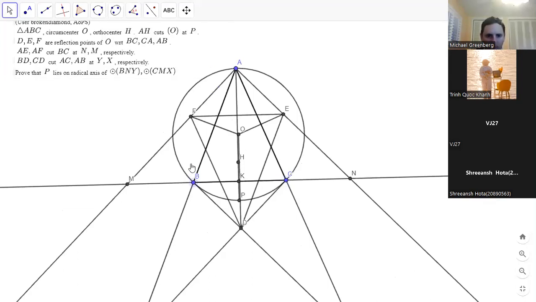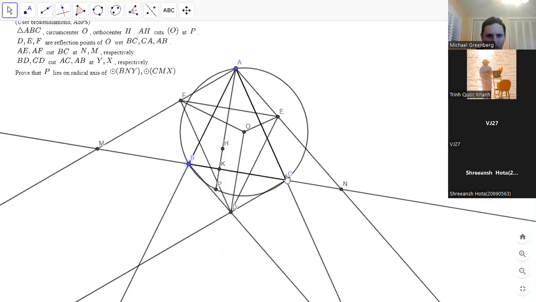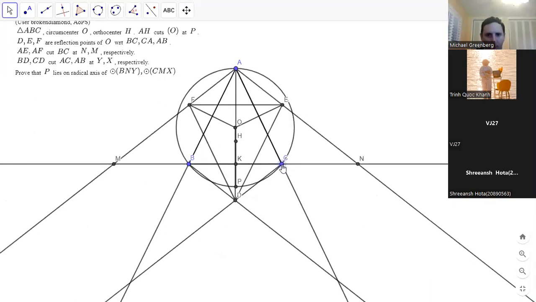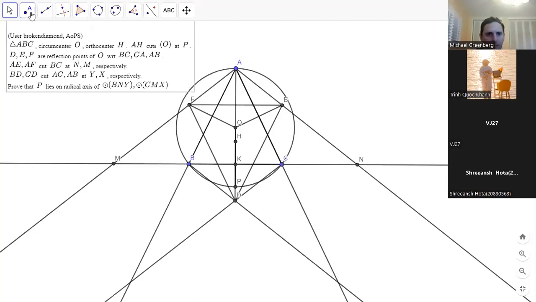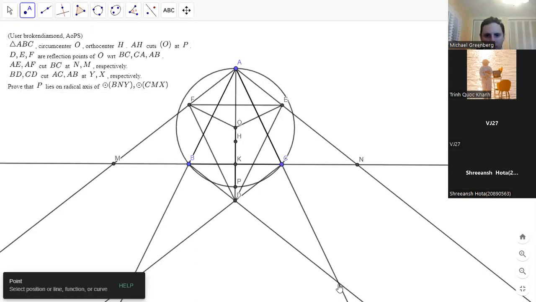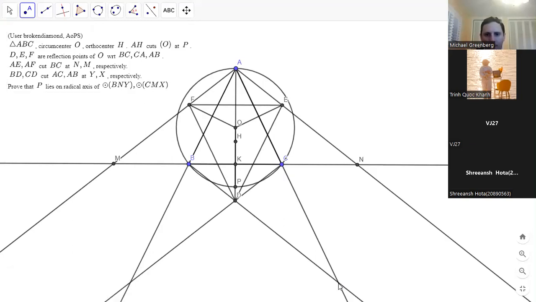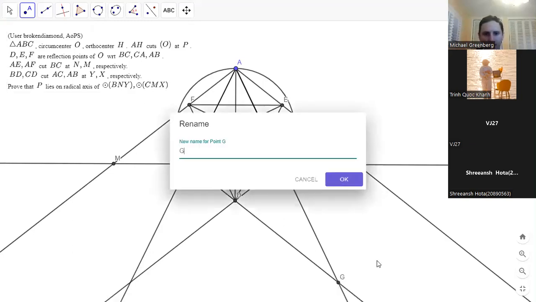Maybe something like this. So now we can see X and Y. So this is Y. And this is X.